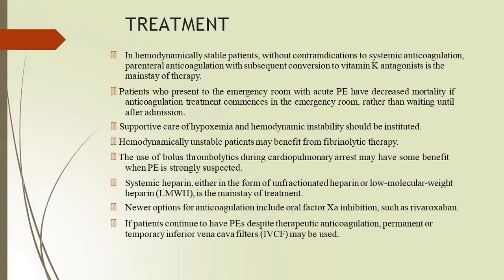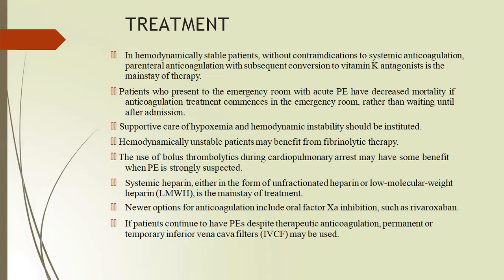Hemodynamically unstable patients may benefit from fibrinolytic therapy. The use of bolus thrombolytics during cardiopulmonary arrest may have some benefit when pulmonary embolism is strongly suspected. Systemic heparin, either in the form of unfractionated heparin or low molecular weight heparin, is the mainstay of the treatment.